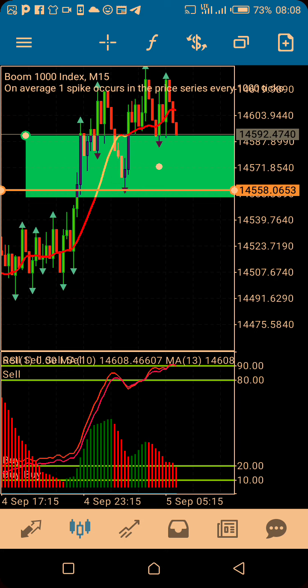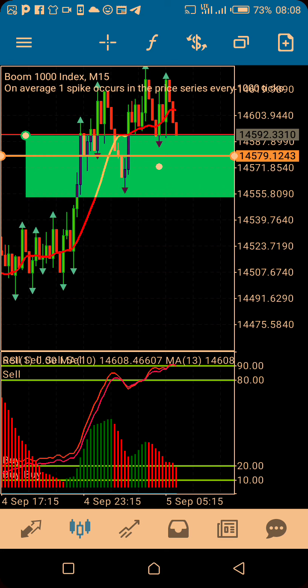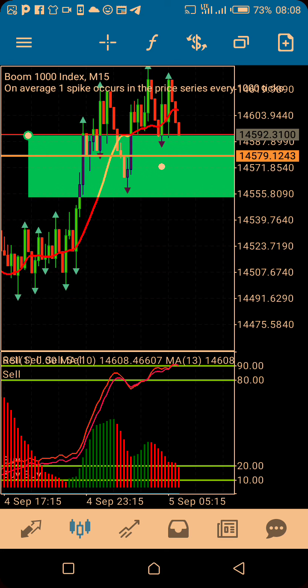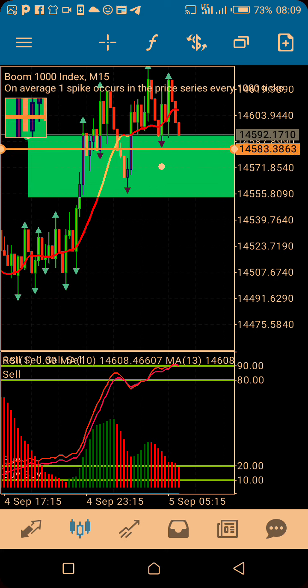So your risk ratio, if you enter from here, is from here up to here. That is how much you are willing to risk as you are waiting for it to shoot.